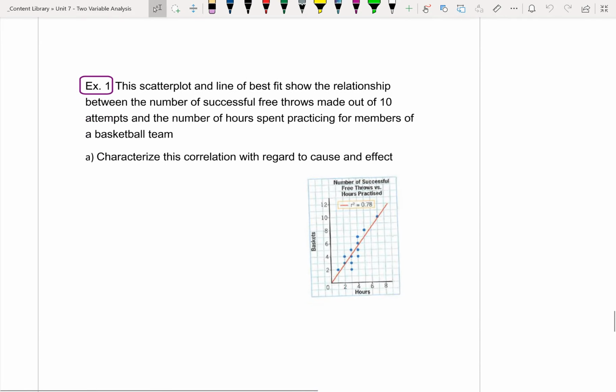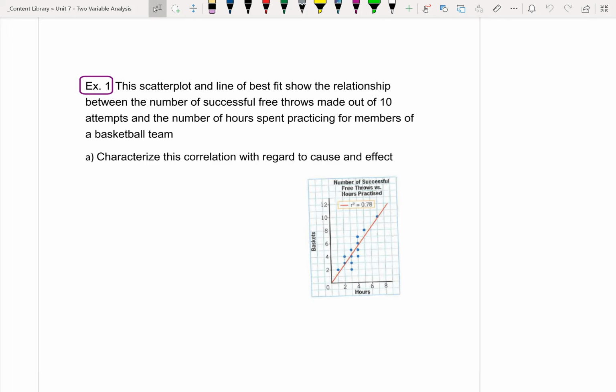So, an example: the scatter plot and line of best fit show the relationship between the number of successful free throws made out of 10 attempts and the number of hours spent practicing for members of a basketball team. Characterize this correlation with regard to cause and effect.